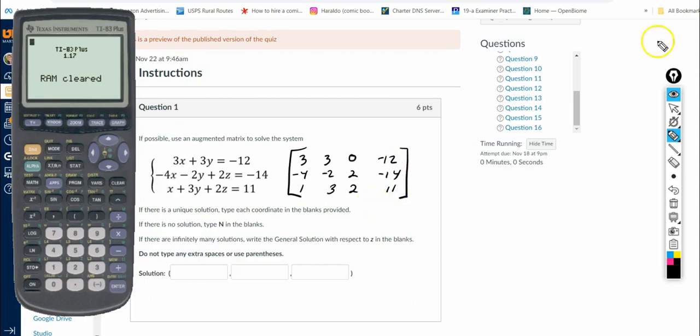Okay, so I'm going to define that in the calculator. It's a 3 by 4.